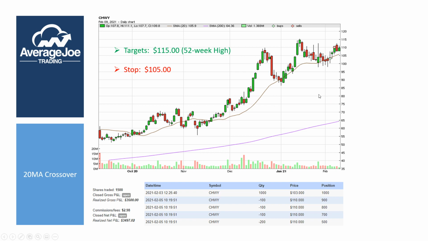The swings that I'm in, I couldn't do this yesterday because TradingView wouldn't download, or it was taking forever to download this stuff. But Chewy, we got in last week. We got our first target on Monday. And you see right now we're treading water.